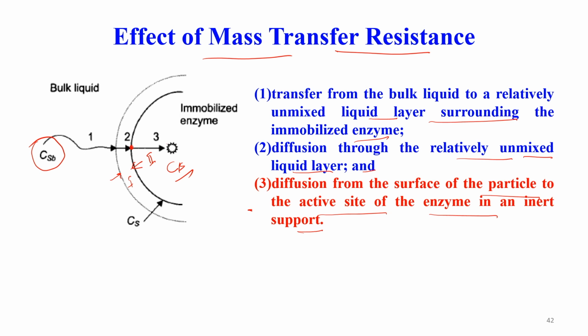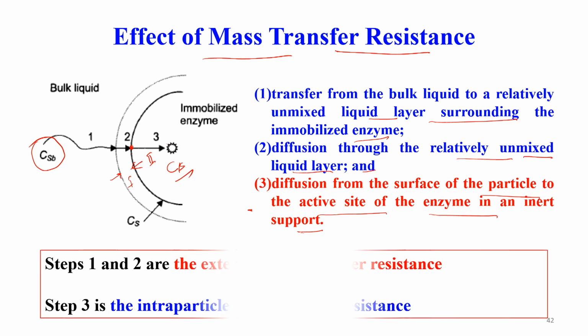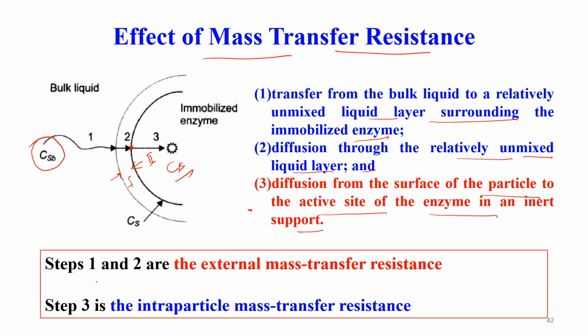Now, from these three steps, 1 and 2 are called external mass transfer resistance, and step 3 is intraparticle mass transfer or internal mass transfer. So, in today's lecture we are going to discuss this external mass transfer resistance.